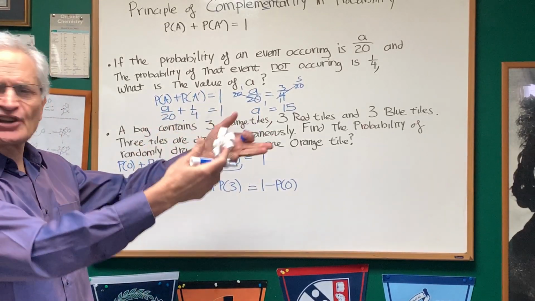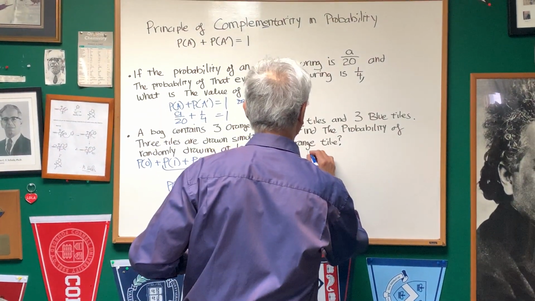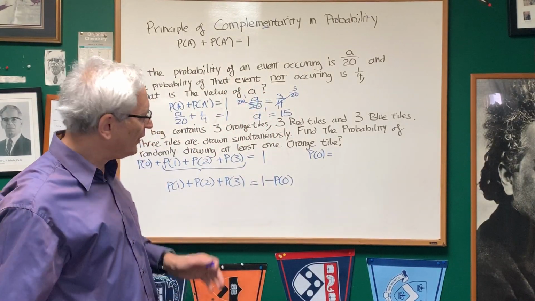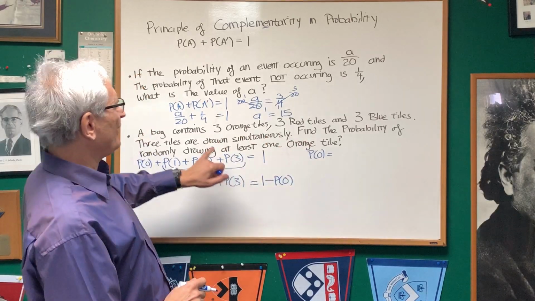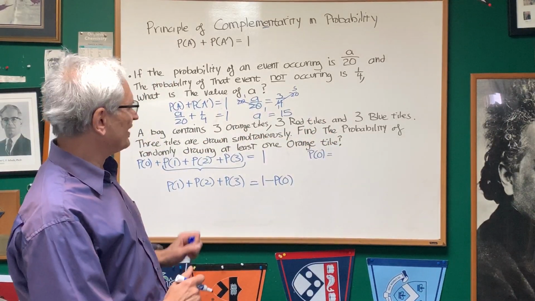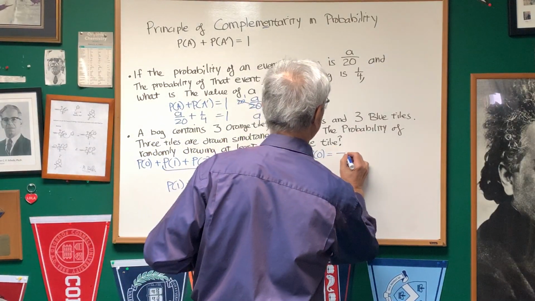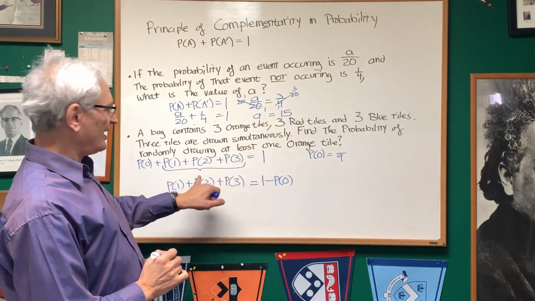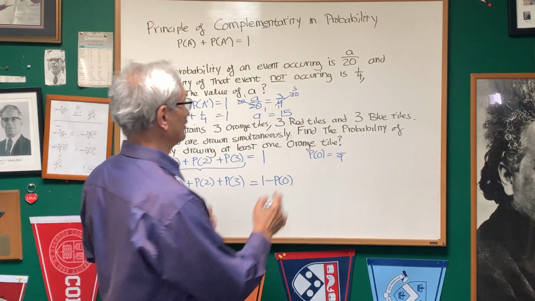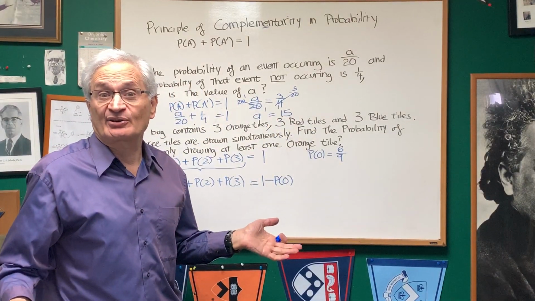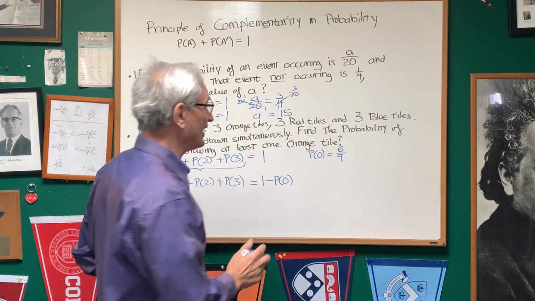So now let's go to the side and find out the probability of getting 0 orange tiles. Out of the 3, 6, 9, there are 9 tiles in the bag. 3 are red and 3 are blue, so the probability of getting 0 orange tiles on the first pick is 6 out of 9.